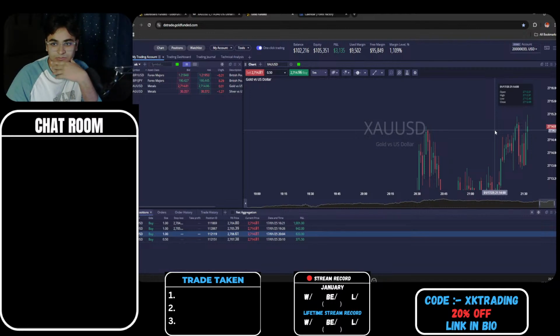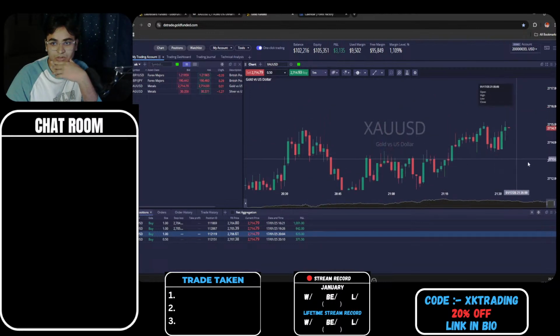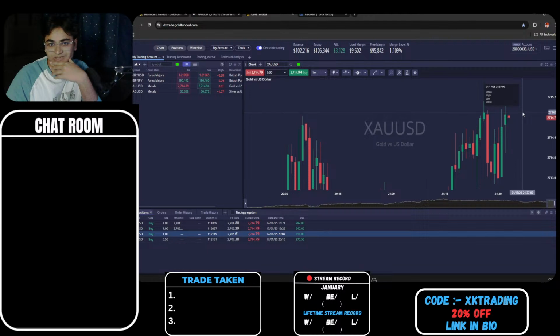Okay, we got a closure there, which is still respecting this high. I mean, we already did break above, but are we going to break the high or not?